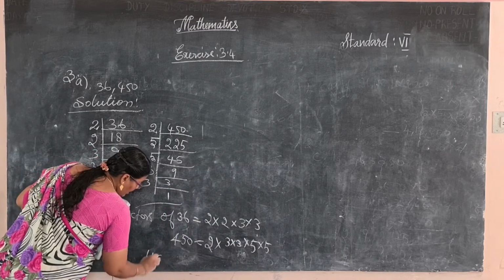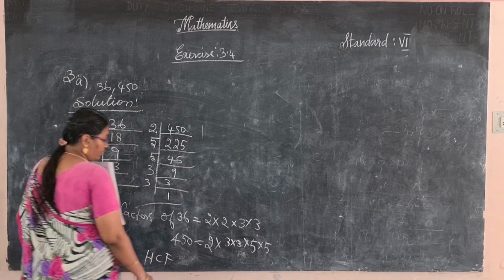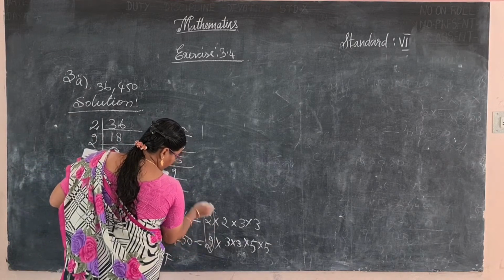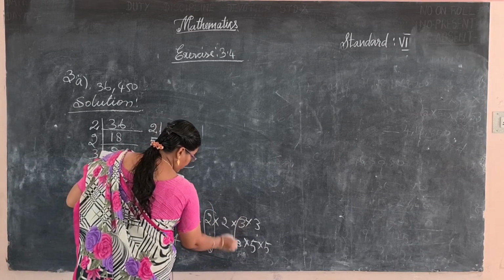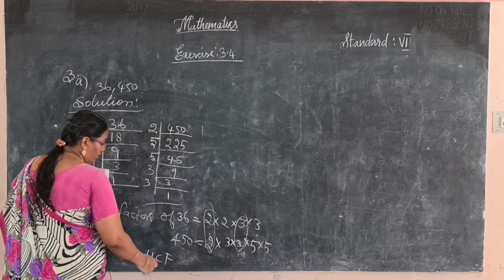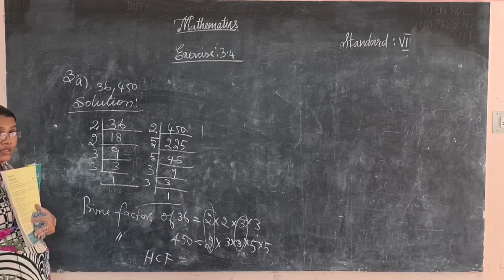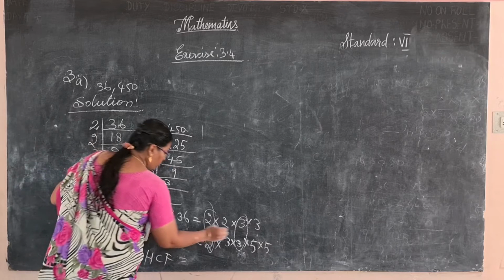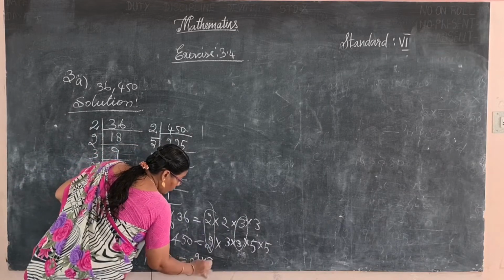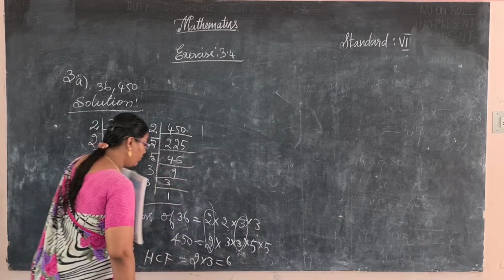So HCF means which are the common factors? These are the common factors. So common factors, what do we do? Common factors are multiplied for the HCF. So 2 into 3 is equal to 6. That is the HCF of the numbers.